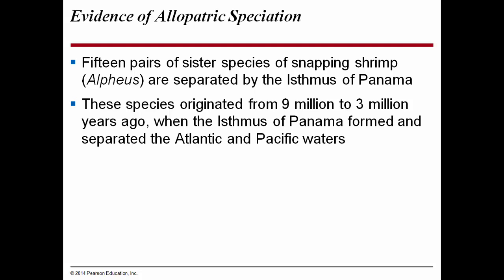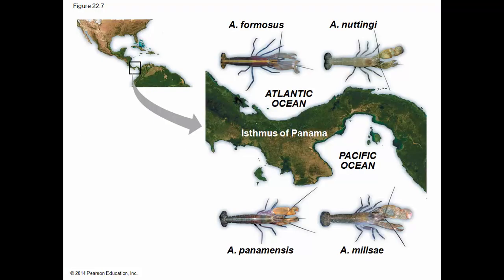Evidence of allopatric speciation: 15 pairs of sister species of snapping shrimp, Alpheus, are separated by the Isthmus of Panama. These species originated from 9 to 3 million years ago when the Isthmus of Panama formed and separated the Atlantic and Pacific waters. So here we've got two pairs of these species.